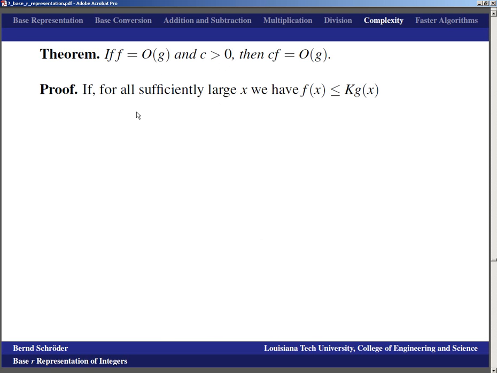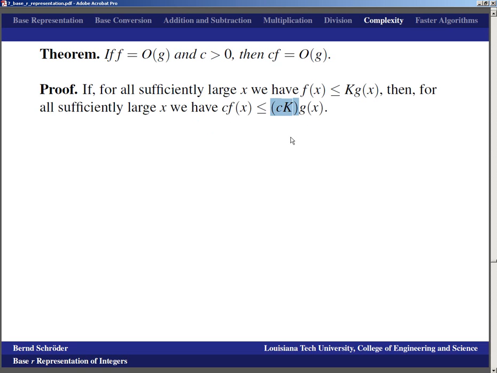That's because if for sufficiently large x, f of x is smaller or equal than k times g of x, then for all those sufficiently large x, c times f of x is smaller or equal than c times k times g of x. Now instead of k we use c times k, but that is just the same, because all we need is that the function on the left is less than or equal to some constant times the function on the right, and we've got that here.